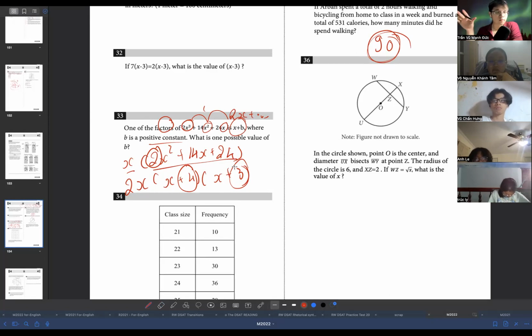But on multiple-choice questions, there's only one correct answer. So there are cases in which there'll be many, and that is when they ask for one possible value of b, because there are many possible values of b, then they ask for one. So that's the key.